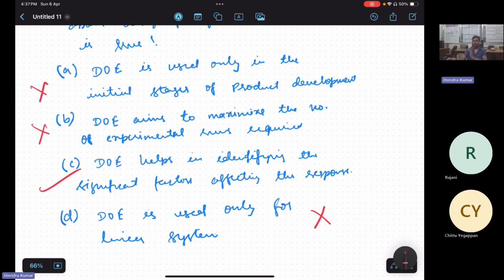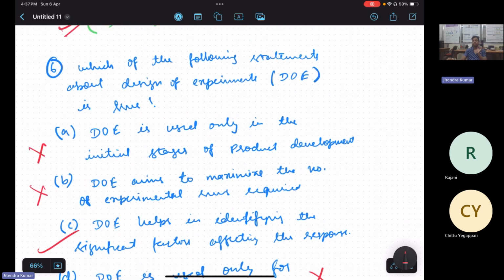Now you change the material, and that material will be considered as a major factor for DOE. You change this material and see the output parameters, mostly torque, and you could see the difference, right?